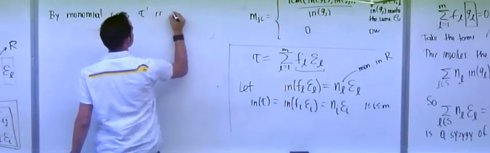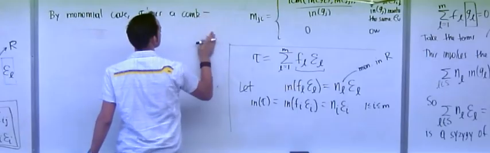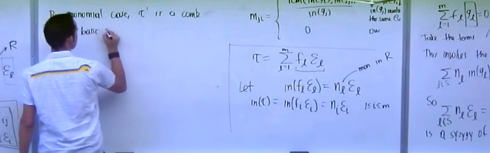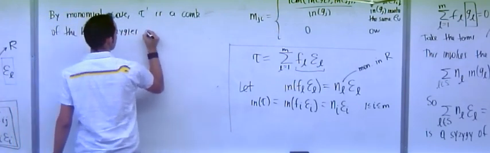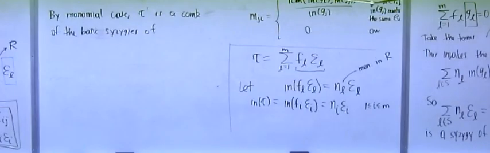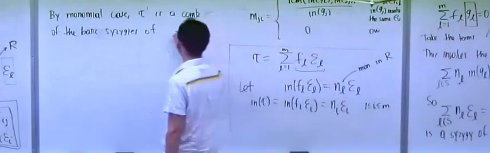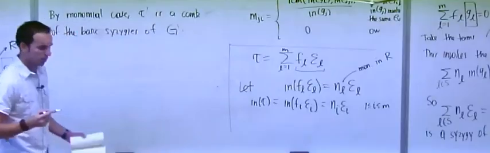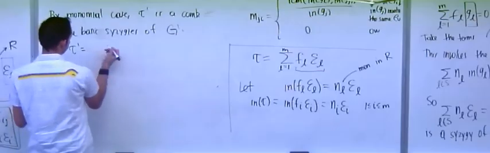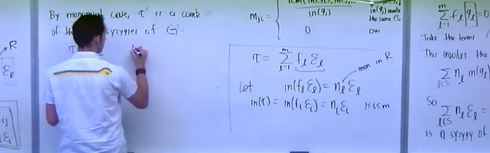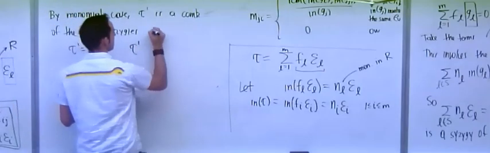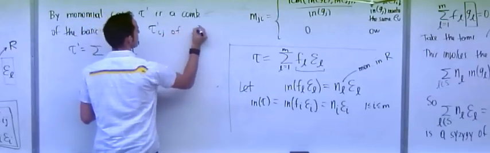Tau prime is a combination of the basic syzygies of this new set G prime. In other words, tau prime I can write as some combination of the basic syzygies, which I'll call tau prime sub ij of G prime.